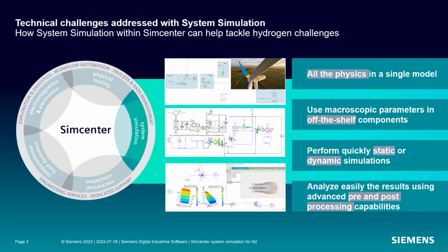All the models are based on macroscopic parameters. That means that you do not need to know the detailed geometry, the detailed physical properties of the materials before running a simulation, but you can really use system simulation early during the project in order to be able to evaluate different technical solutions, different architectures, and go directly to the right decisions.